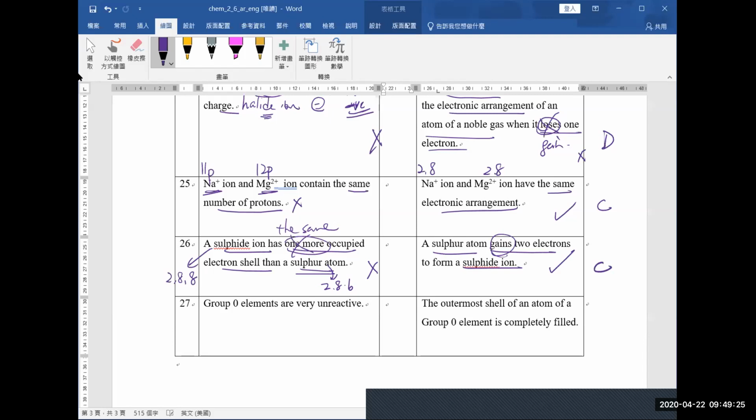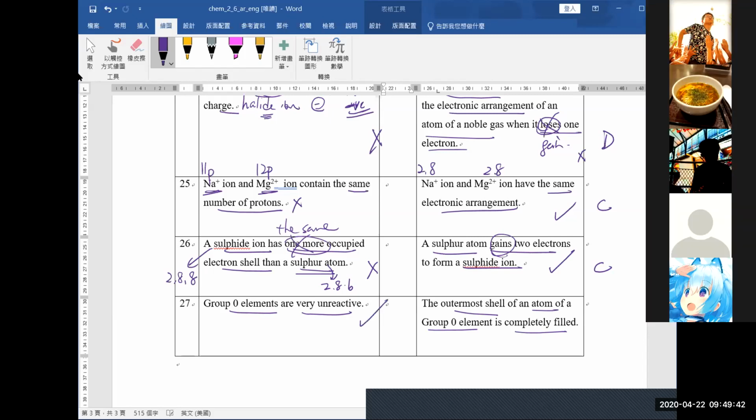The last one. Group 0 elements are very unreactive. The outermost shell of the atom of a group 0 element is completely filled. 27. Yes, the first one is correct. A or B?